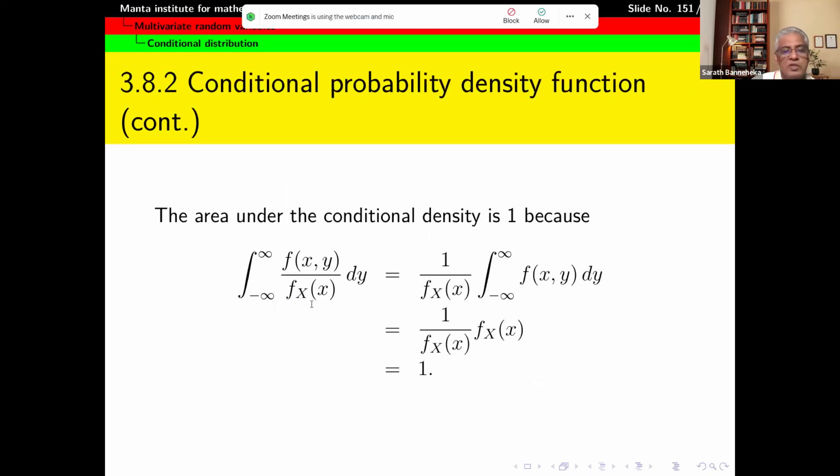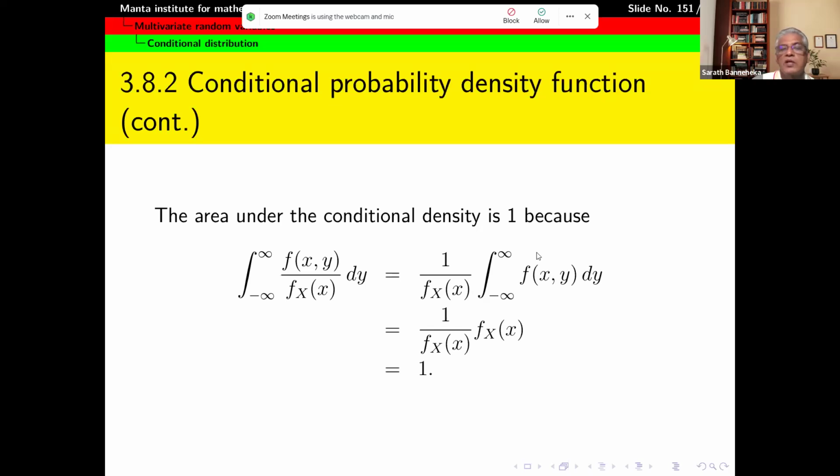So if you integrate this conditional density with respect to y from minus infinity to plus infinity, this is what you get. You are integrating with respect to y here. This is completely a function of x only, therefore you can take it out of the integration. The joint density is integrated with respect to y.